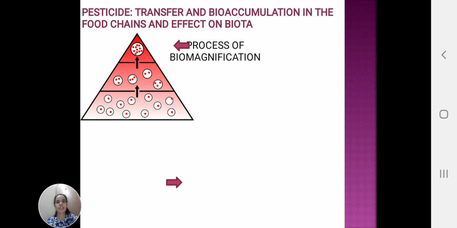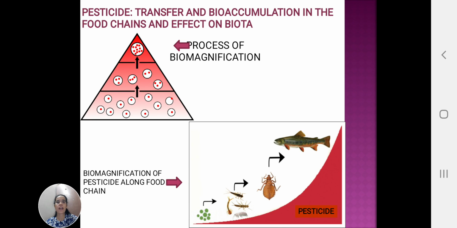They have lesser concentration of pesticide, but as we travel upwards to the trophic level, the pesticide concentration increases, which is known as biomagnification, which is also revealed from this diagram, whereby the pesticide is biomagnified along the food chain. Its concentration will be highest in the fish as compared to the insects shown below.